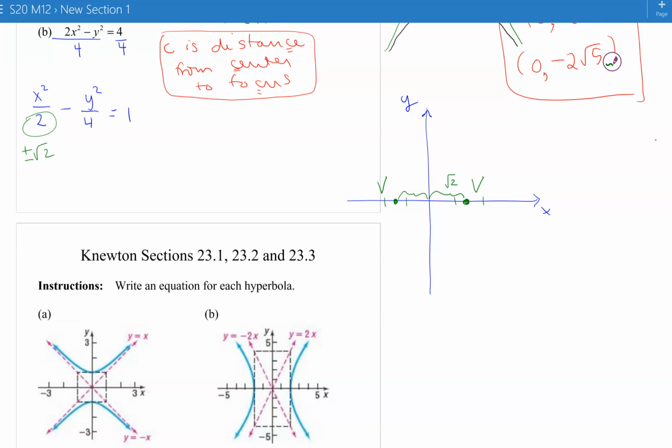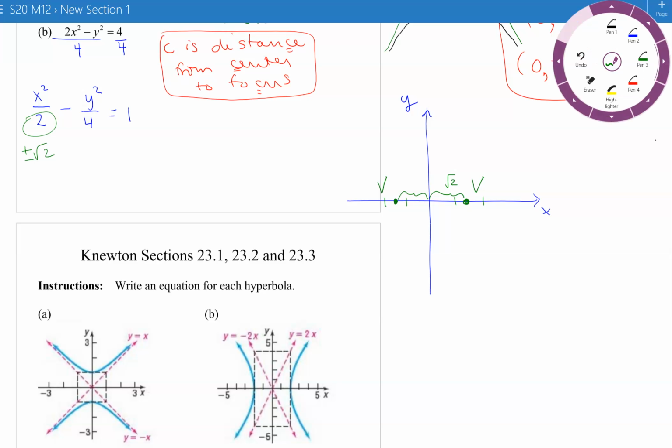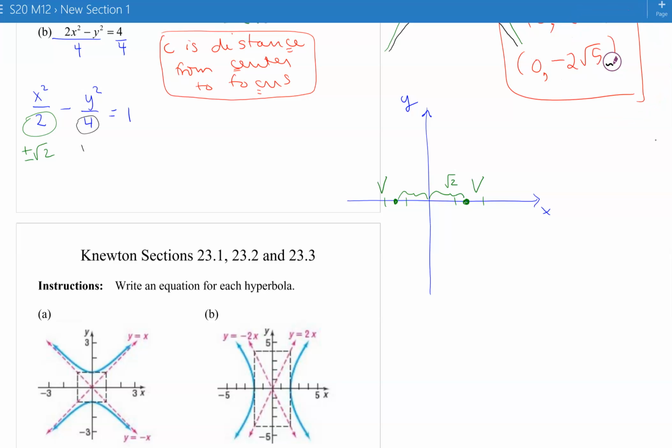So these are the vertices. Then in the y direction, I'm going to go plus or minus 2 starting from the center. So up 2 and down 2. Then I'm going to make my box where these 4 dots are the centers of the sides of the rectangle.